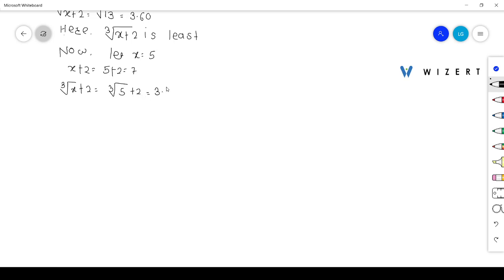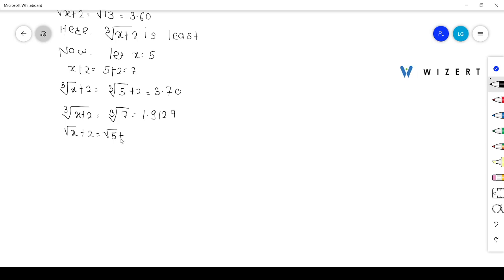It will be 3.70. Now cube root of x plus 2 means cube root of 7, which is 1.9129.